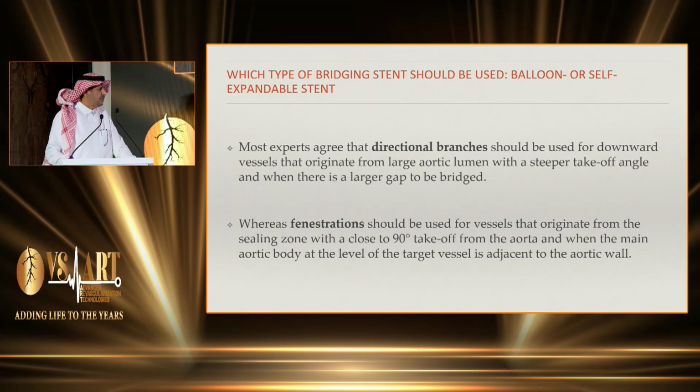Most of the experts agree that directional branches should be used for downward vessels that originate from a large aortic lumen with a steeper takeoff angle, and when there is a larger gap between the vessels to be bridged. And fenestration should be used for vessels that originate from the sealing zone with a close to 90-degree takeoff from the aorta, and when the main aortic body at the level of the target vessel is adjacent to the aortic wall.